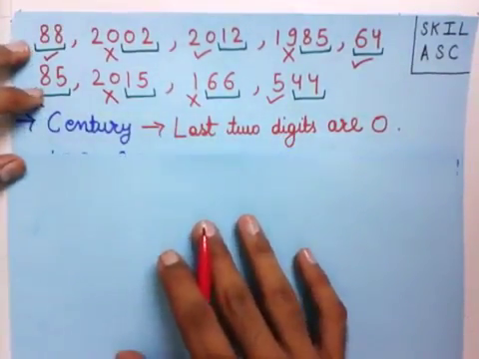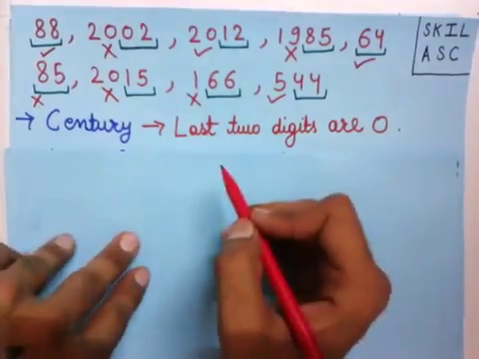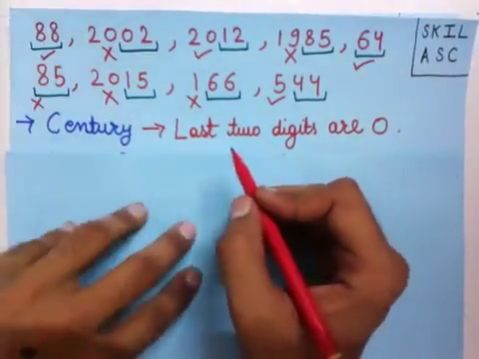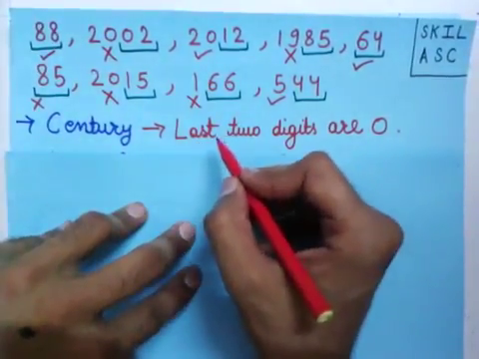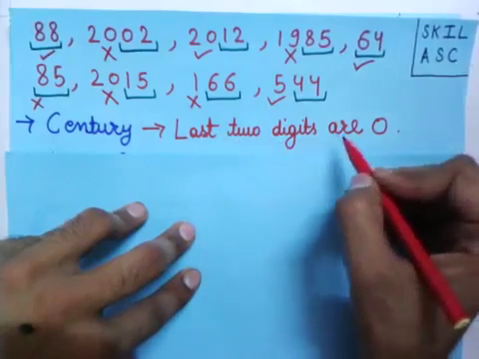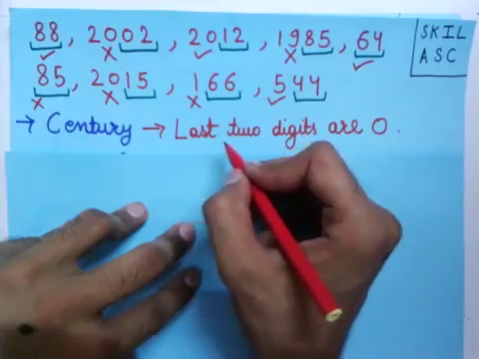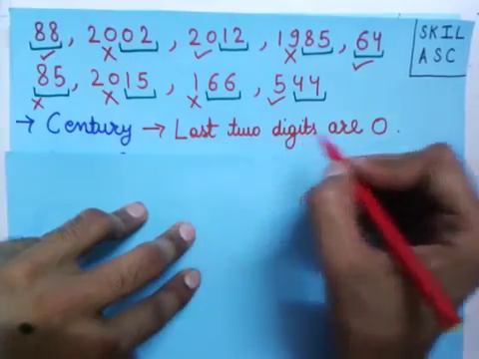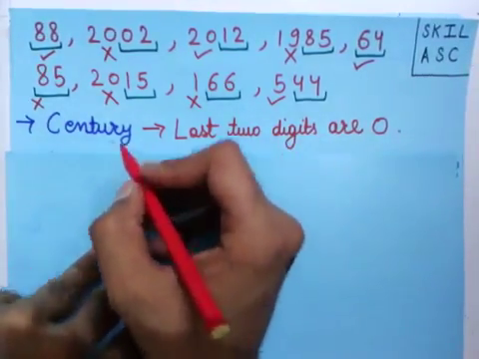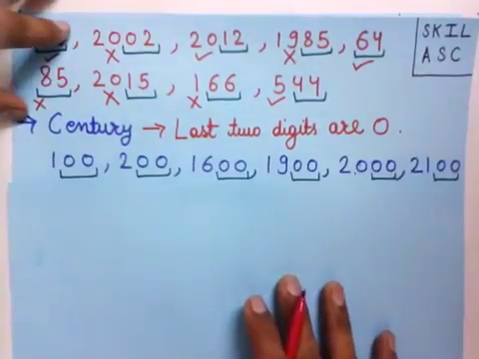Now we talk about century. What are centuries? You see, if a year has its last 2 digits as 0, then it will be called a century. Let us see examples.